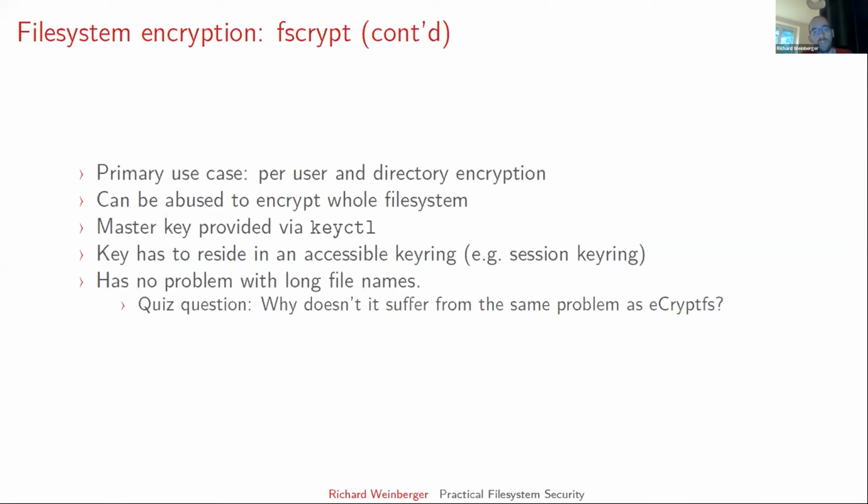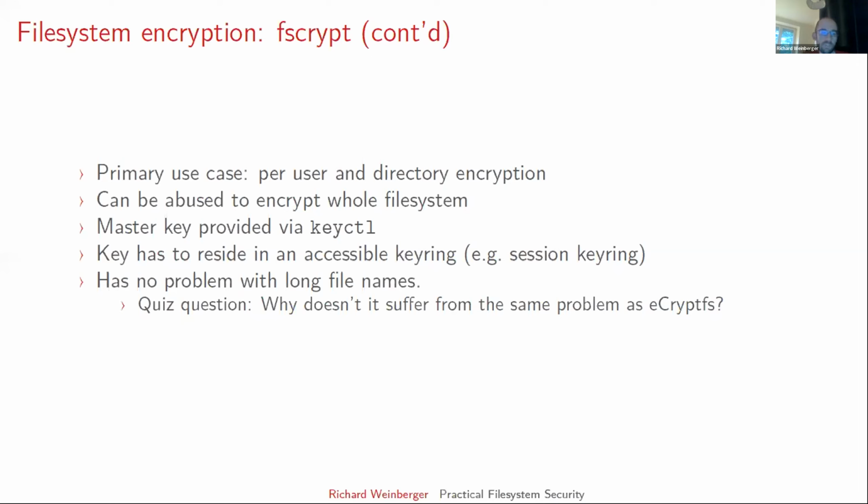And every time a process tries to access a file, the key is grabbed from the keyring, and when the key is available, you can get access to the file, and otherwise the file access will be blocked. That also means that you don't have access to the ciphertext, like on Ecryptfs. When you don't have the key, the file system completely refuses access.